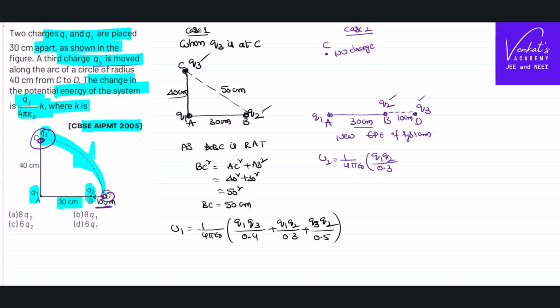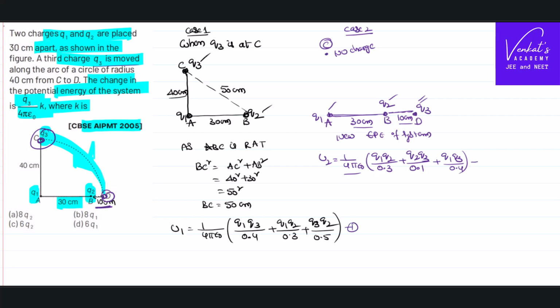Between B and D, Q2 Q3 by 10 centimeters means 0.1 meters. Now, between A and D, this is 30 and this is 10, together it is 40, that is 0.4. That is the second potential energy.